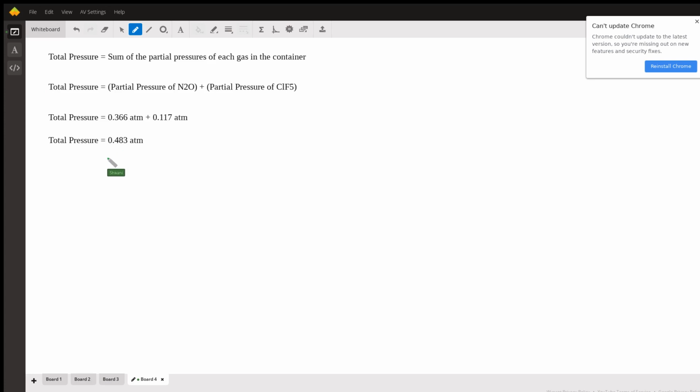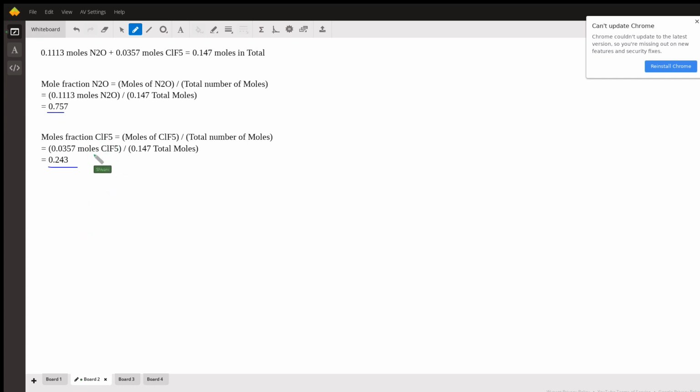All right, so that's pretty much all the answers with the explanations. Now, before I wrap up this lesson, I just wanted to point out one quick thing. So going back to the mole fractions here of the N2O and the ClF5.